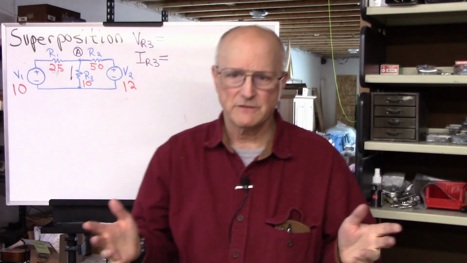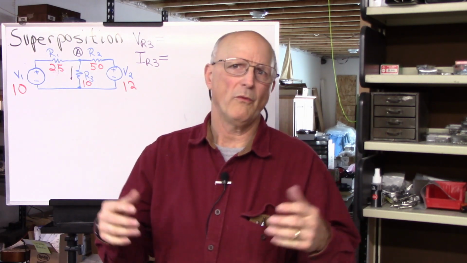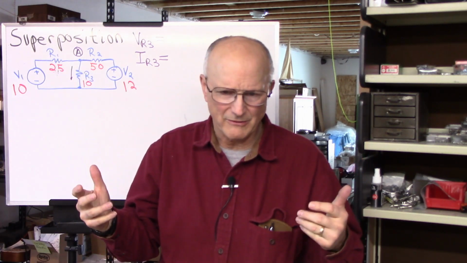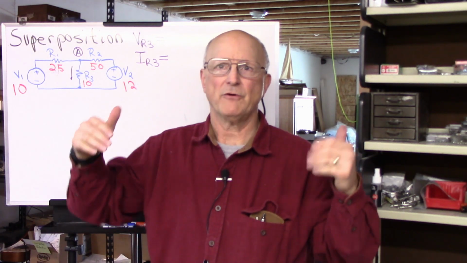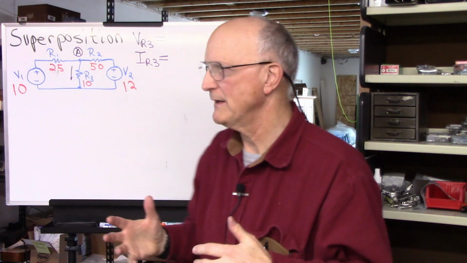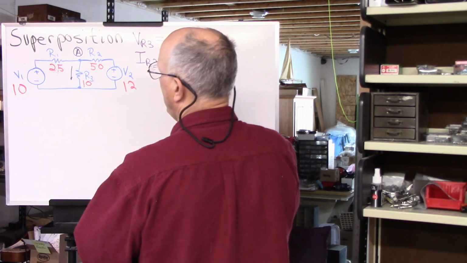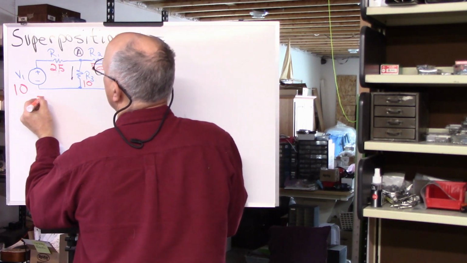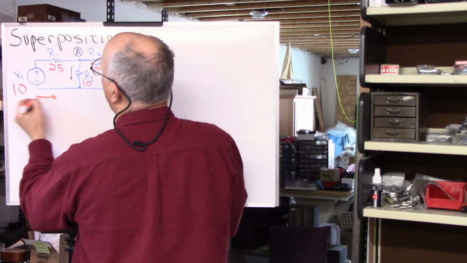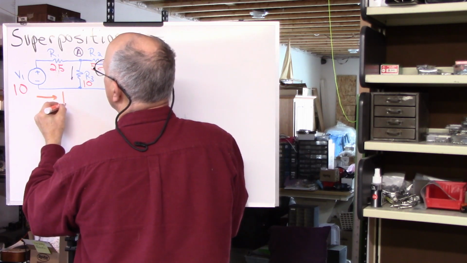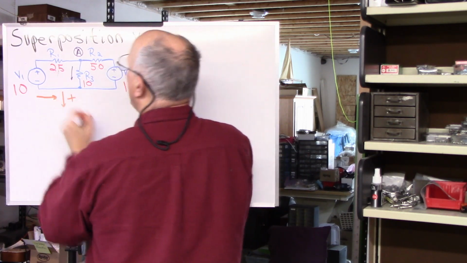Now, for the sake of superposition, we have to arbitrarily decide about current direction. So we arbitrarily decide that all currents flowing in this direction are going to be positive.